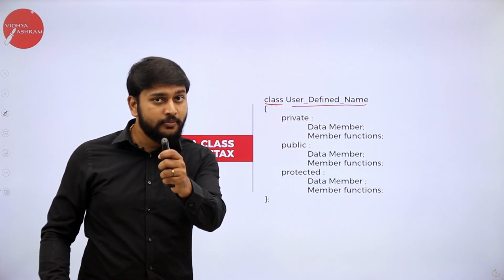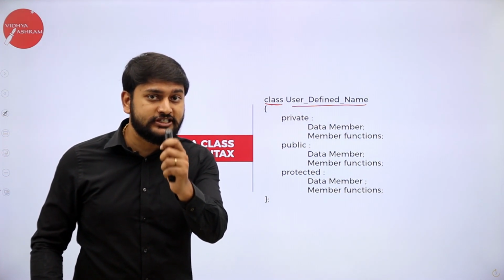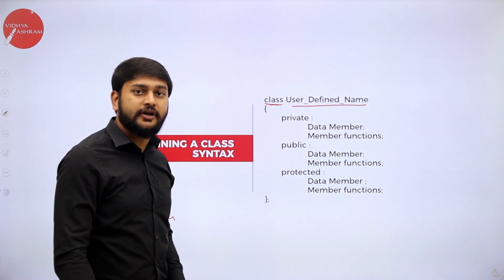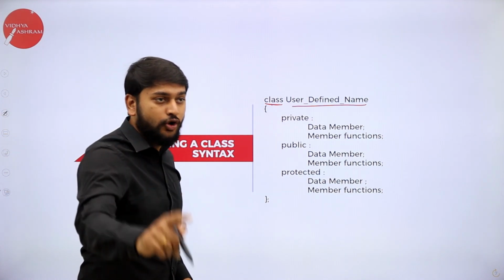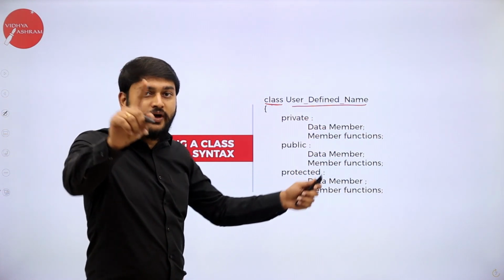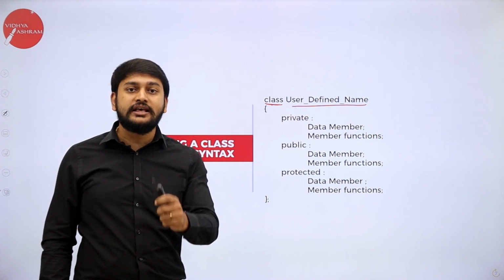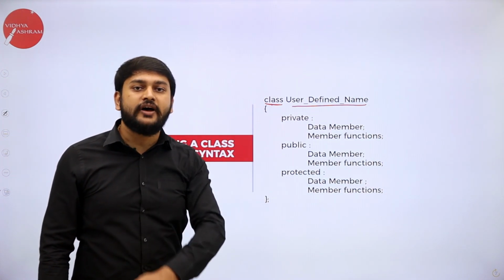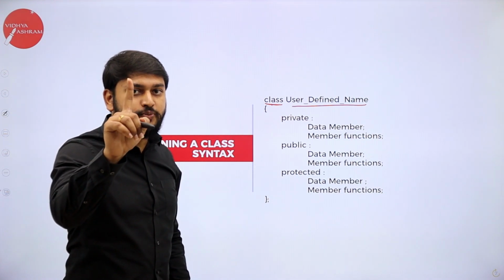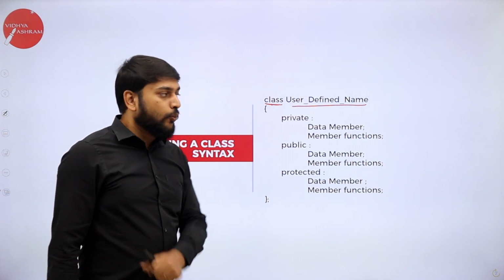Remember one more point: it should satisfy the rules of identifiers, then only I can use it here. Whatever I write will become the name of the class, and the name should satisfy the rules of identifiers. That is the first point you should remember. So one more thing.